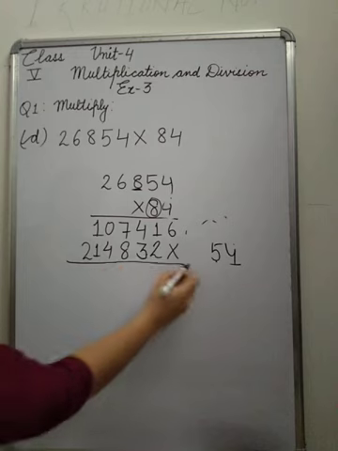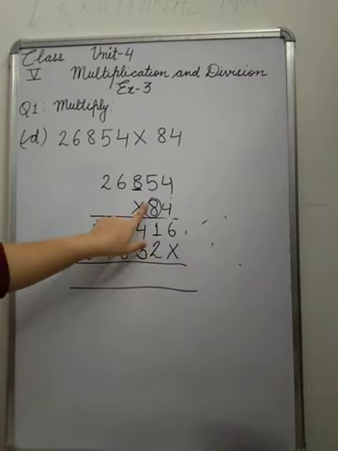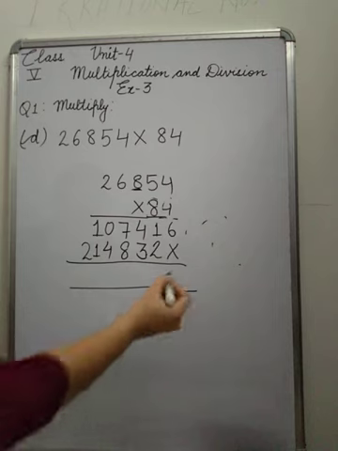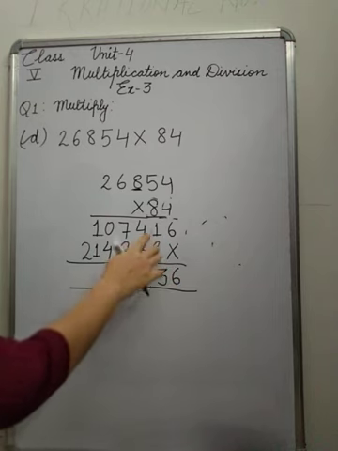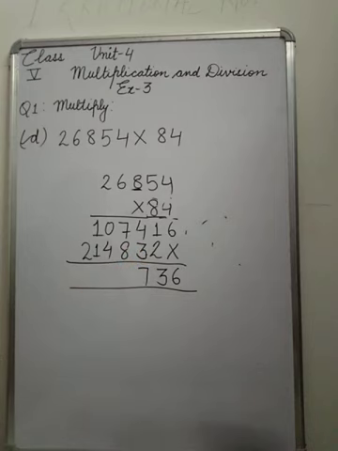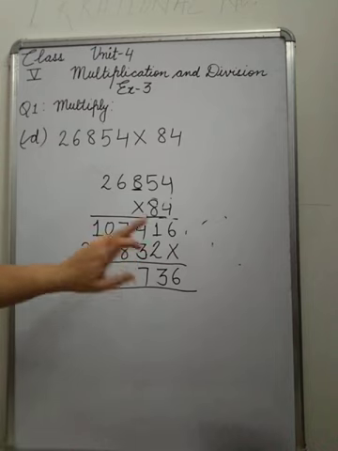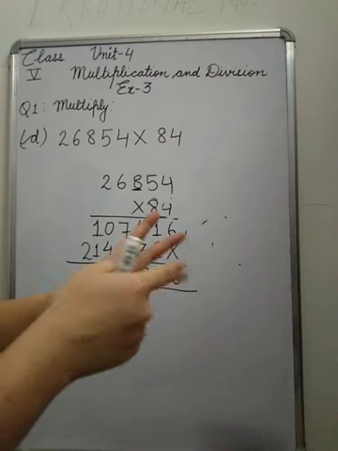Now you have to simply add this. With these two numbers, multiplication is done one by one. Now add: 6 is 6, 2 plus 1 is 3, 4 plus 3 is 7. Write it here, 7. The next is 7 plus 8, that is 15.